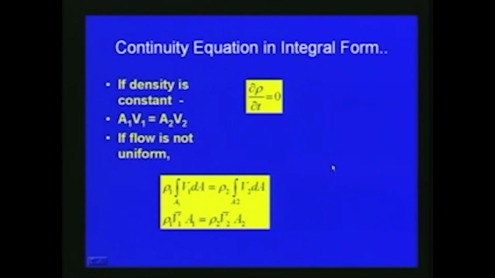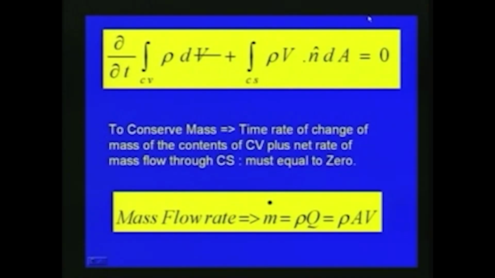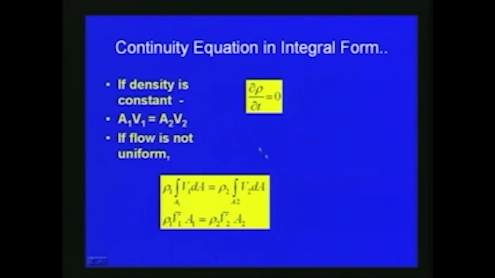This gives the integral form of the continuity equation. We can use the general expression for compressible flow also, and in the case of incompressible flow, since del rho by del t is equal to 0, we can write the integral form of the continuity equation as rho V1 bar A1 is equal to rho V2 bar A2.